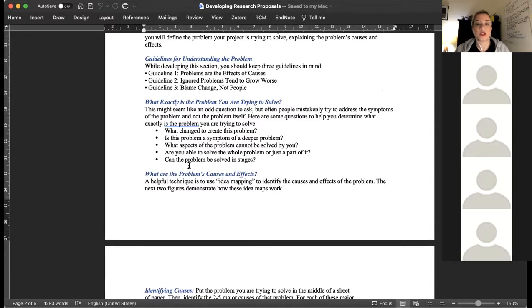So here are some questions to help you determine what exactly is the problem you're trying to solve. What changed to create this problem? What is the problem, or is the problem a symptom of a deeper problem? What aspects of the problem cannot be solved by you? Are you able to solve the whole problem or just part of it? Can the problem be solved in stages?